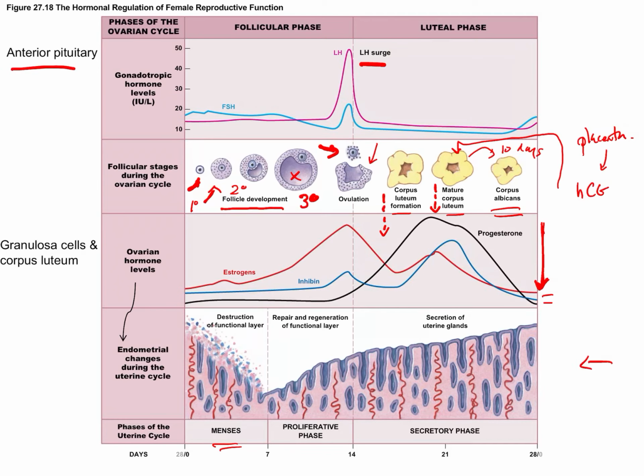So there's no degeneration, and the corpus luteum can keep making estrogen and progesterone to keep the lining thick, to keep the pregnancy. So it's the HCG that maintains the corpus luteum, and it maintains the estrogen and progesterone levels. This comes into play at that 10-day mark, or before the 10-day mark, so you can keep the corpus luteum intact. All right, so let's take a look at what's going on in the uterus.